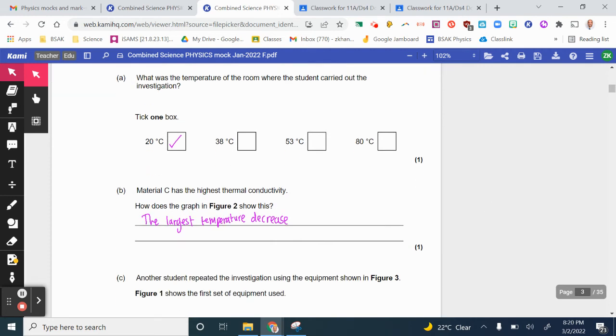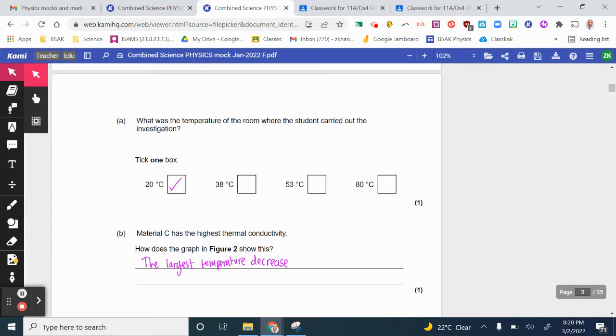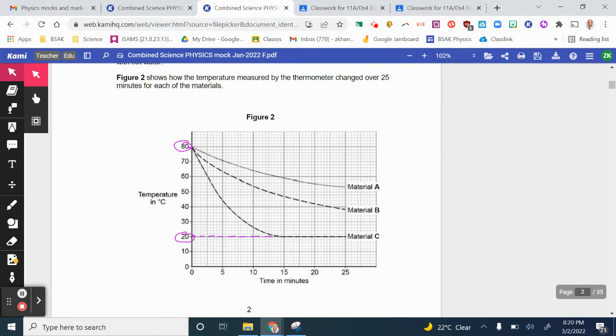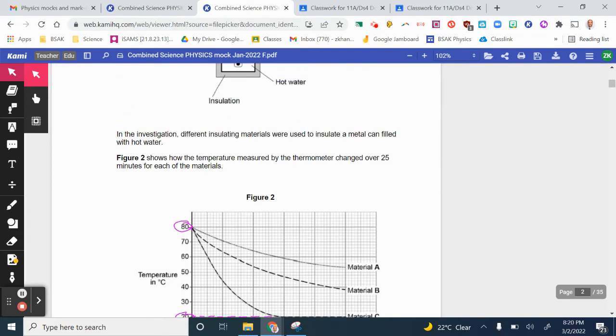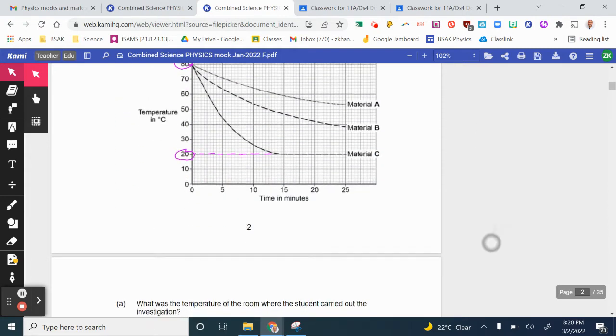Material C has the highest thermal conductivity. What does that mean? Highest thermal conductivity means that it conducts the most heat. It lets through the most heat through the actual insulation.